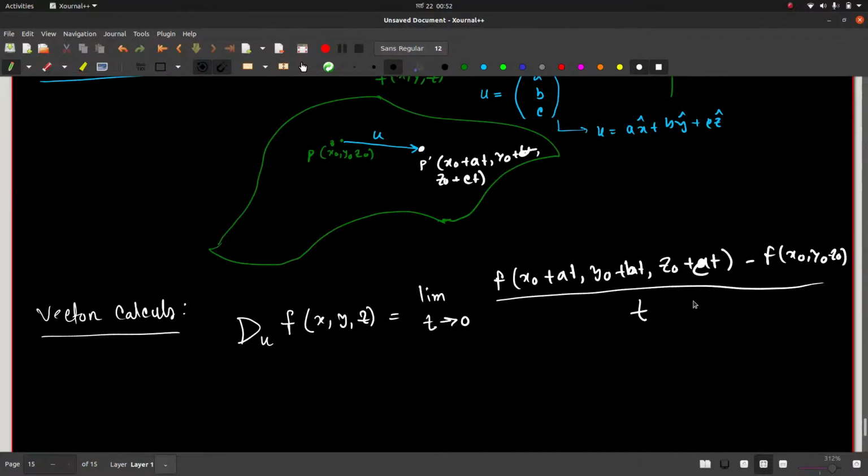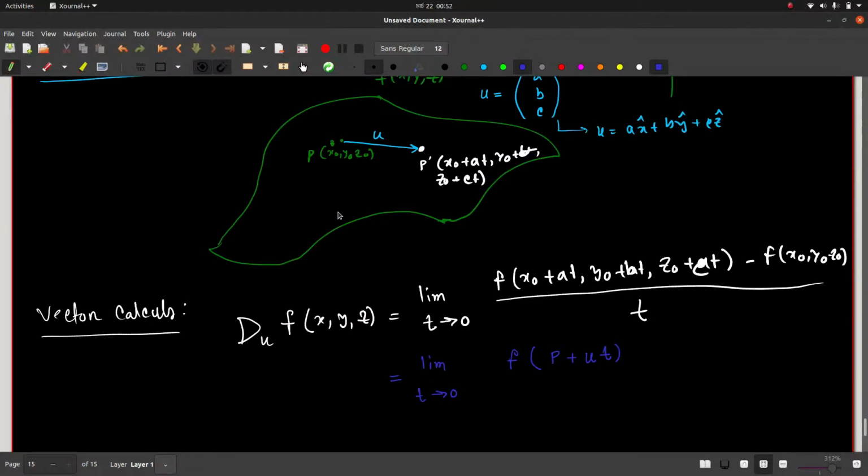So this is the definition, and it can be written in a more compact form using vector notation. That compact form is the limit as t goes to 0 of f of p plus ut, minus f of p, divided by t. Note that p itself contains 3 arguments, or a vector as well, on that point.